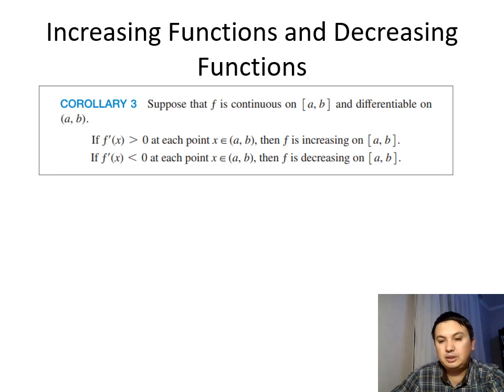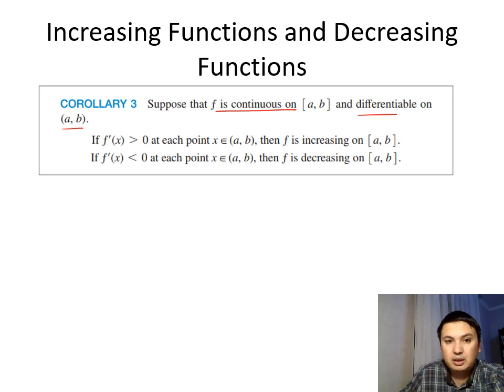Here is the theorem, or Corollary 3 if you like. This is Corollary 3 of the mean value theorem, so this is another consequence of the mean value theorem, the theorem we saw in the previous lecture. What it says is the following. Let's say my function is continuous on [a, b] and differentiable on the open interval (a, b). If the derivative is positive at every point in (a, b), then f is increasing.